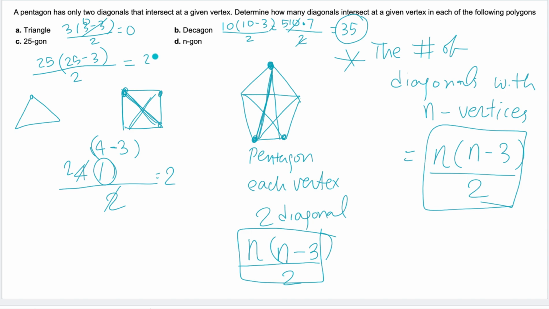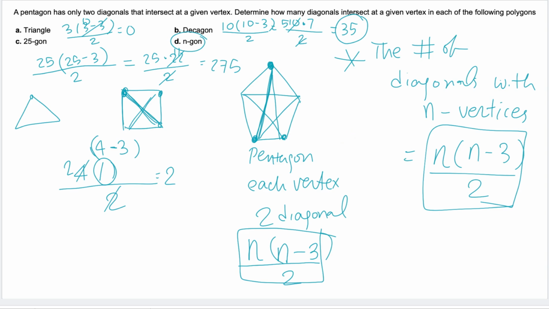So we have 25 times 25 minus 3, 22, divided by 2. 22 is divisible by 2, so you have 11. 25 times 11, let's see with my calculator. 25 times 11 is 275. Yeah, with a number like this, you don't want to count all of them, right? Okay, so an n-gon has n times n minus 3 divided by 2 diagonals.